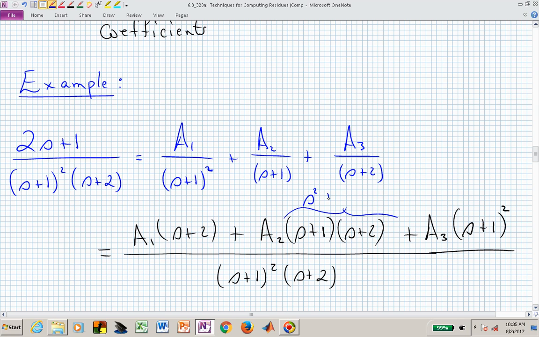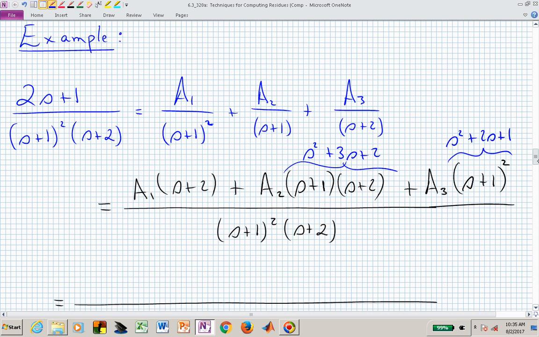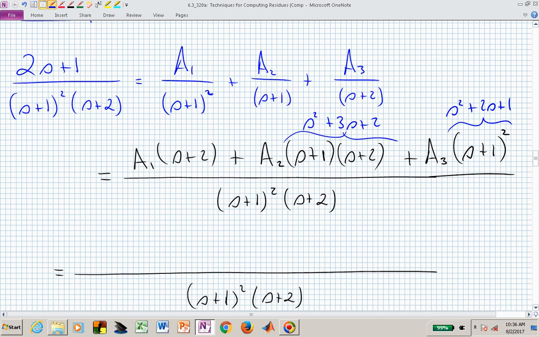We now have s squared plus 3s plus 2. You could use FOIL or whatever convenient strategy you have for multiplying linear factors in polynomials. Here we have s squared plus 2s plus 1, and now we can use that to start identifying all of the different pieces.